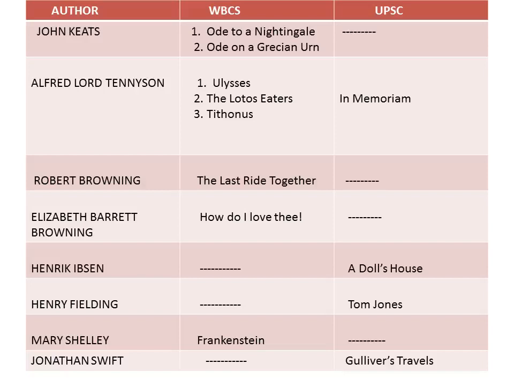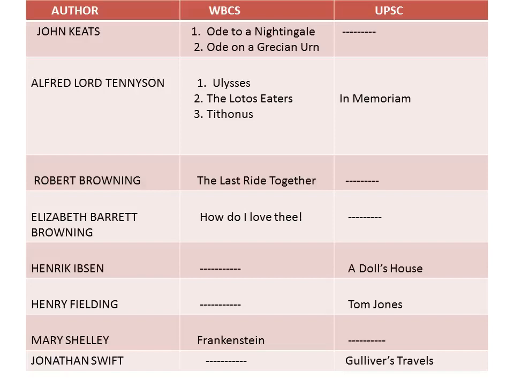Alright, then Ibsen, you do A Doll's House in UPSC, but there's no Ibsen in WBCS. Okay, now coming to some of the novelists. Henry Fielding's Tom Jones, UPSC has prescribed for you, but not WBCS. Again, Jonathan Swift's Gulliver's Travels has been prescribed only by UPSC, but not WBCS.